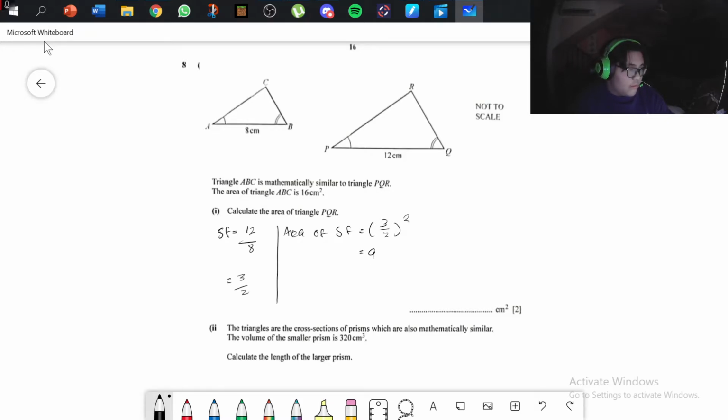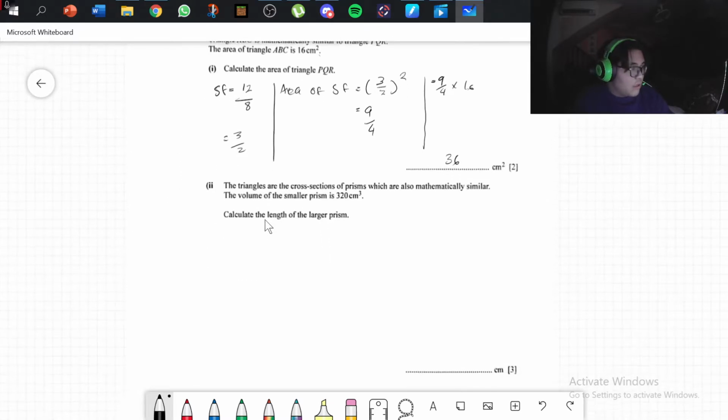Then it should get us 9 over 4. And since it says the area of triangle ABC is 16 cm squared and it's mathematically similar to PQR, you just do 9 over 4 times 16, which will get us 36 cm squared.